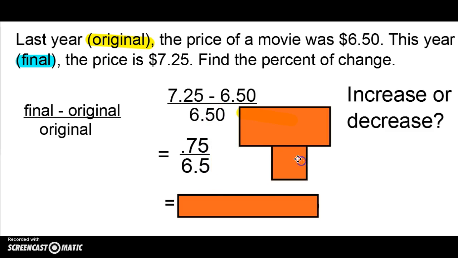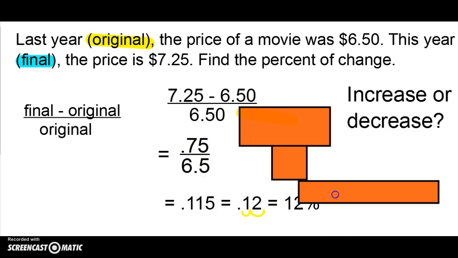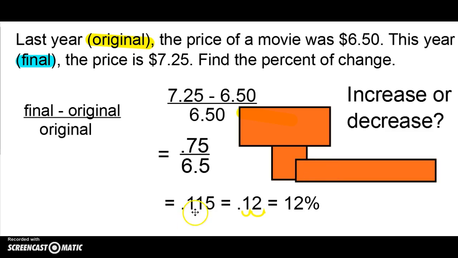So here you have, oh, it went up by 75 cents. Divide that by the original amount. So in your calculator, you do 75 hundredths divided by 6.5. And you would get the answer, well, 115 thousandths.